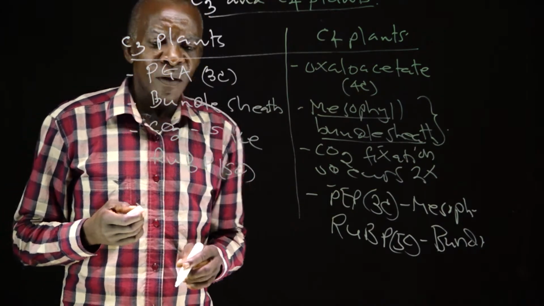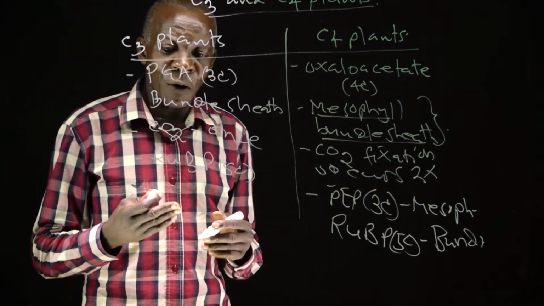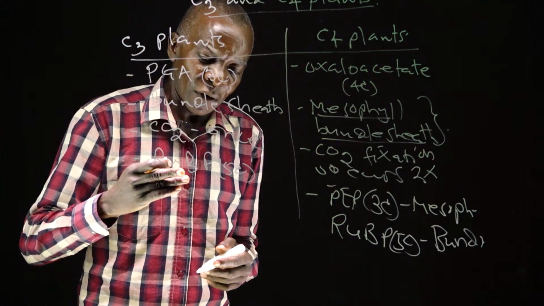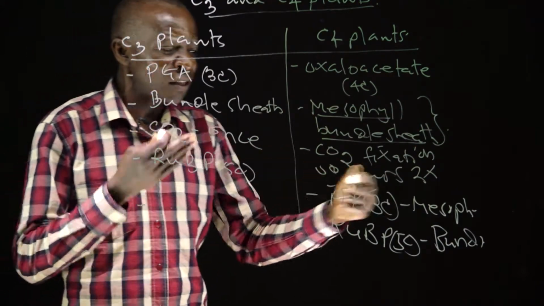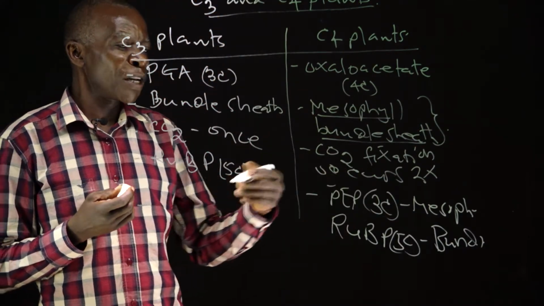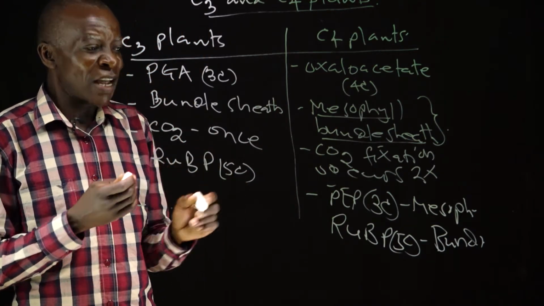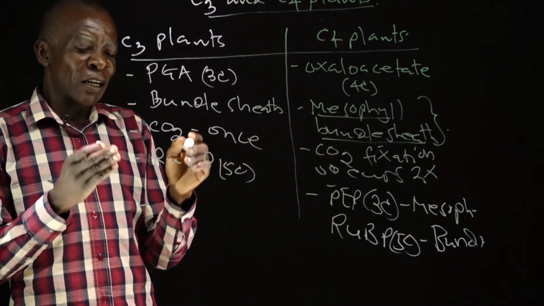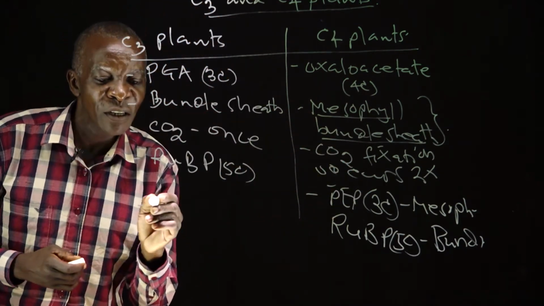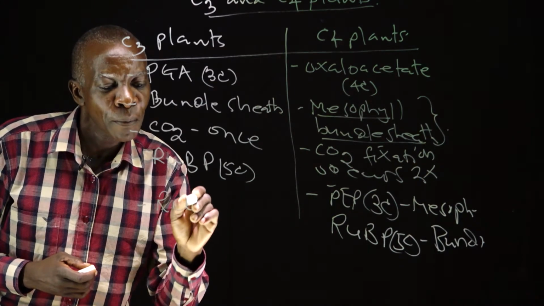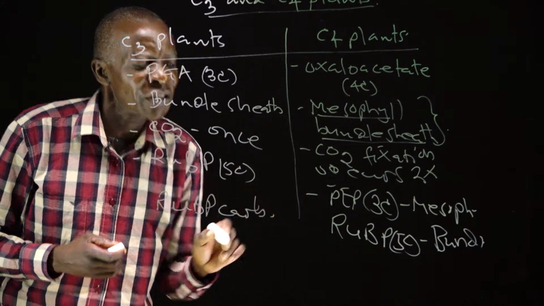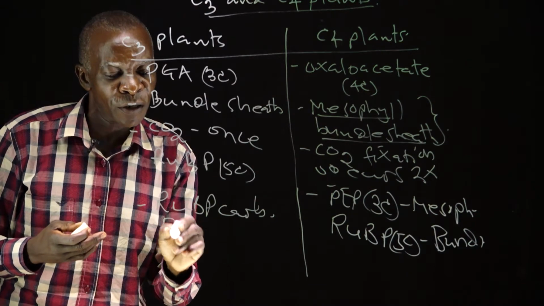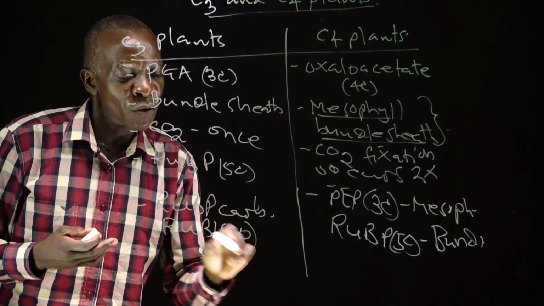But also, apart from having ribulose biphosphate fixing carbon dioxide in both and only PEP found in mesophyll, the enzyme for fixation of carbon dioxide in the C3 plants is ribulose biphosphate carboxylase, or in short form, you can call it Rubisco.